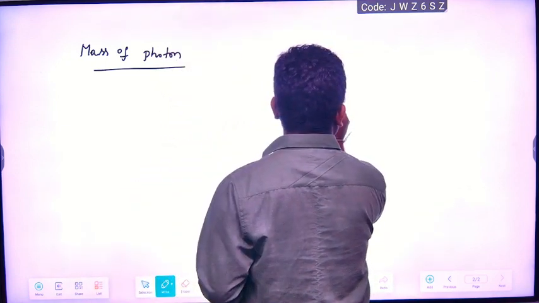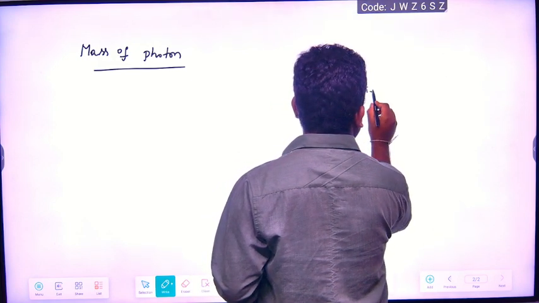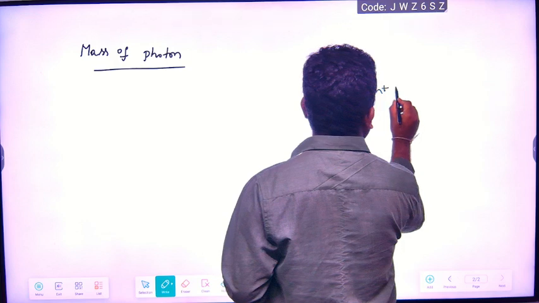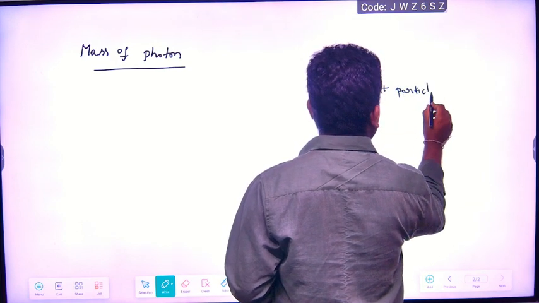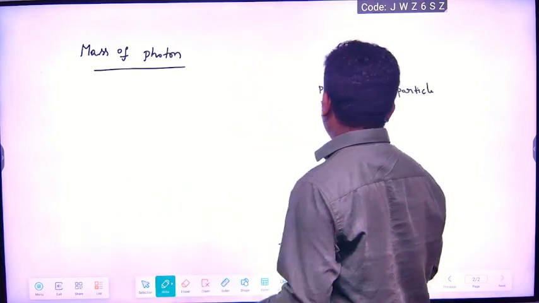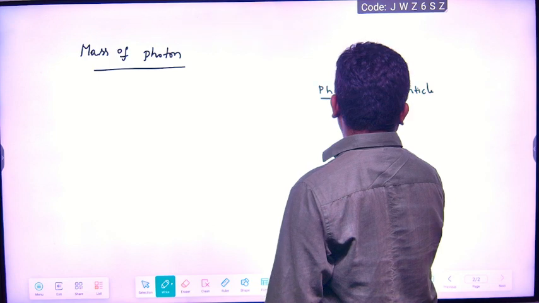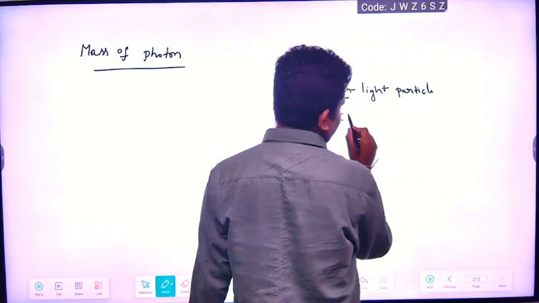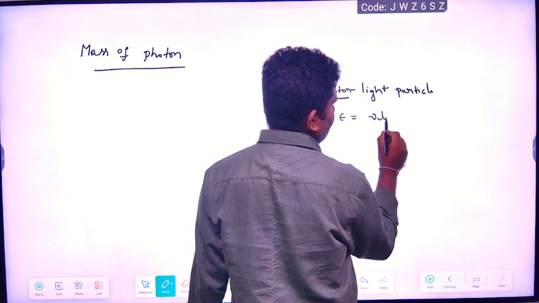Write this down: a photon is a light particle, and in light there are many photons.